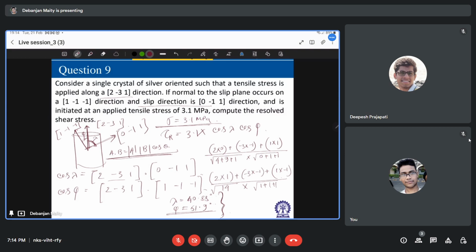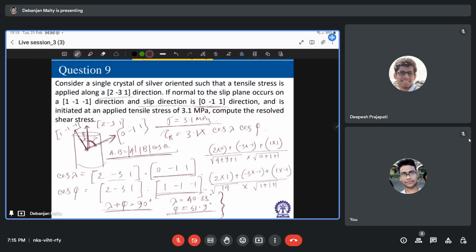Actually, these directions I have provided are some random values. These are not correct. If you think of it, lambda plus phi should have come to 90 degree, right? Because this is the normal direction.